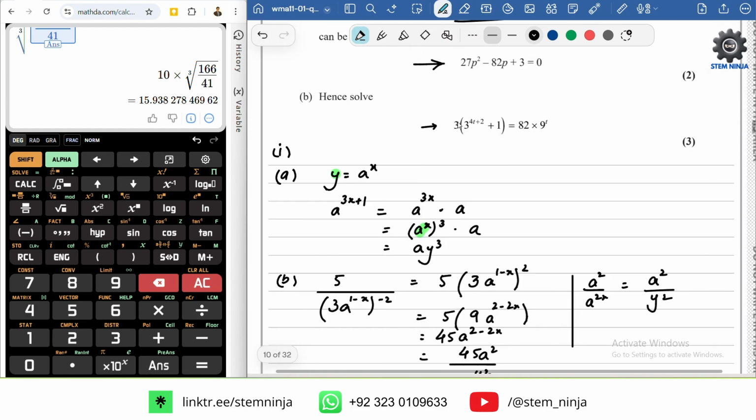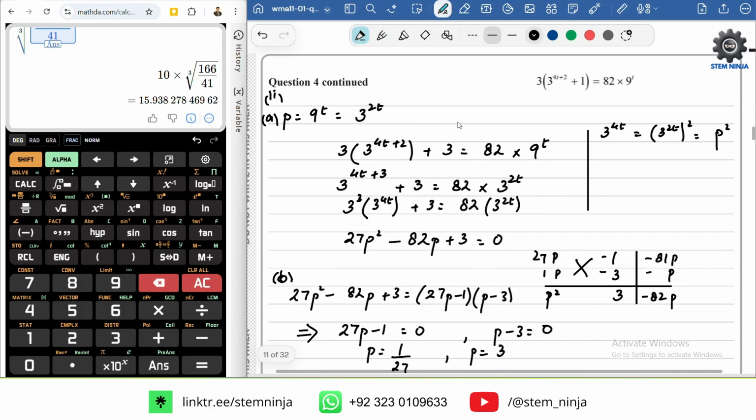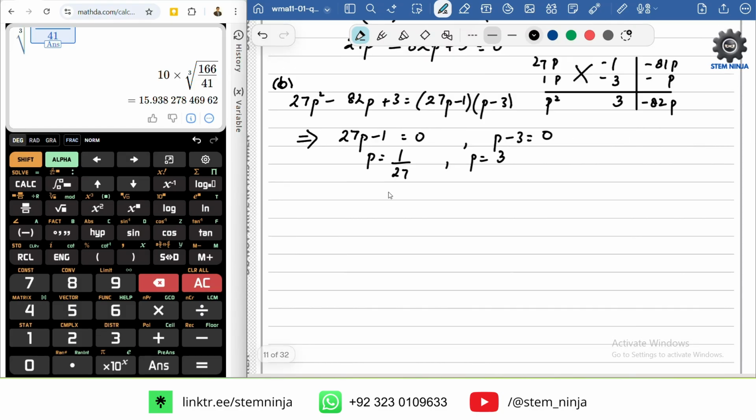We need the values in t. So p is 3 raised to power minus 3, and p is equal to 3 raised to power 1. Remember that p is 3 raised to power 2t, so 3 raised to power 2t is either 3 raised to power minus 3 or 3 raised to power 1.